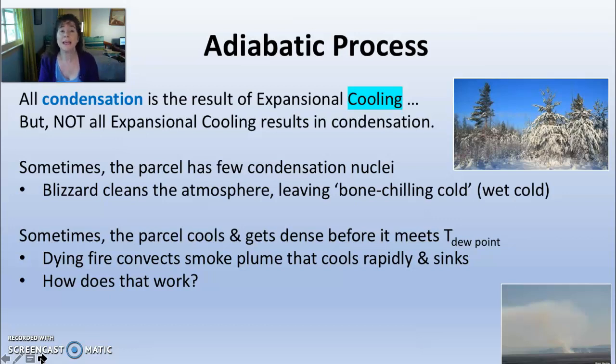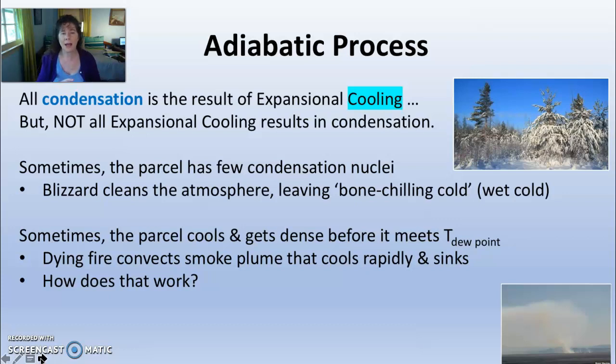Sometimes you just can't get condensation, and you already know why. You need two things for condensation: the cooling, and the condensation nuclei. Well, sometimes after a blizzard blows through, it has taken so much dust out of the environment that there is very little condensation nuclei left.